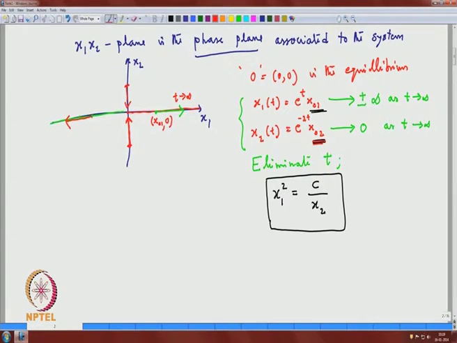Now, let us start from here. Suppose you take an initial point here, this is your point x naught. If you start from there, the graph tells you your trajectory will be something like this, like x 1 square equal to x 2.